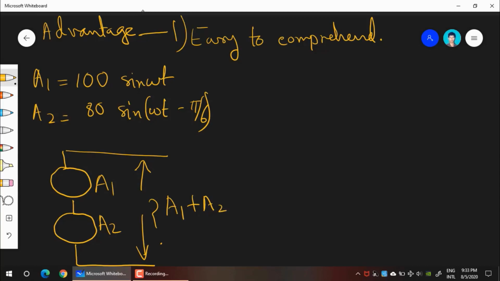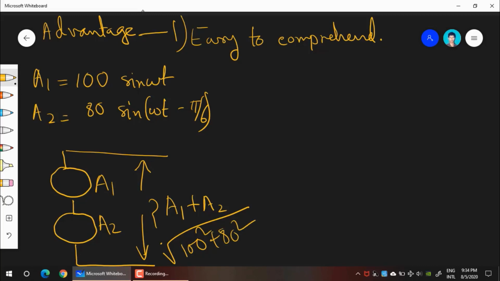And how can you do it? Obviously you have to use your trigonometric understanding. You can divide both of them by root under 100 square plus 80 square.